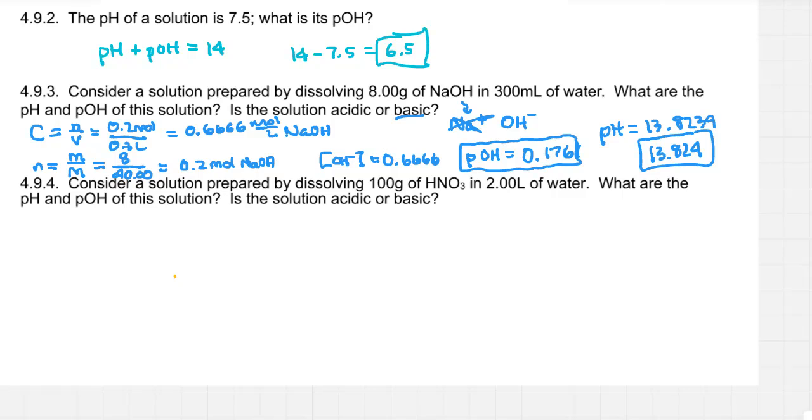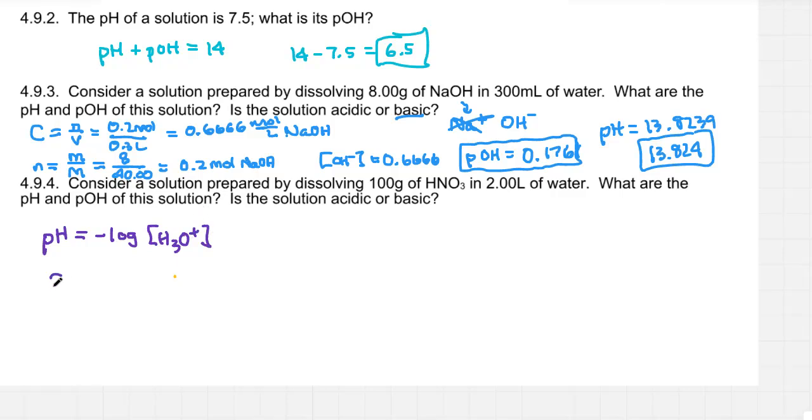And 494 seems to be the same idea, only with an acid this time. So we know from up here, I can find the pH if I can do negative log H3O. But I don't have this.